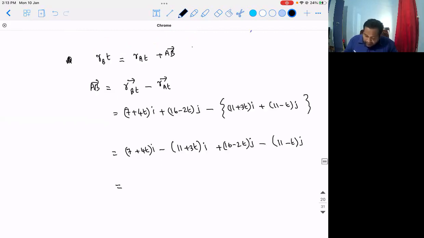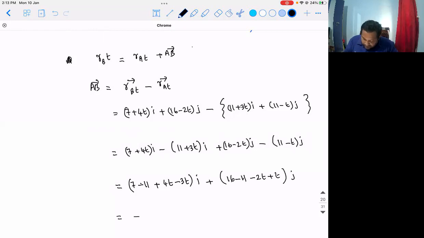So if we expand, what happens? 7 minus 11 plus 4t minus 3t in i, plus 16 minus 11 minus 2t plus t in j.